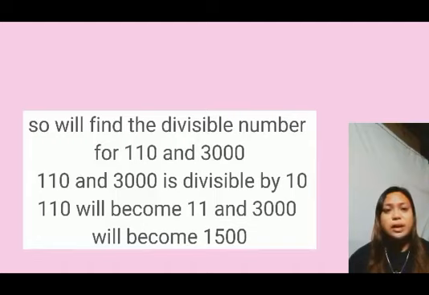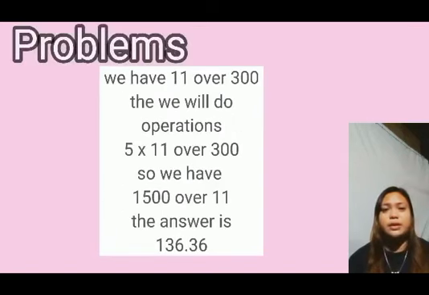So 110 will become 11 and 3000 will become 300. So we have 11x over 300. Now we will cross multiply 5 times 300, so we will have 1500 over 11. Now we will divide them.